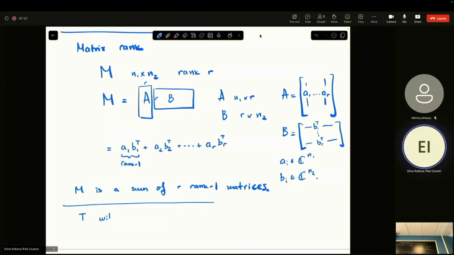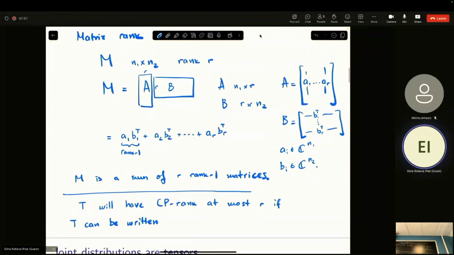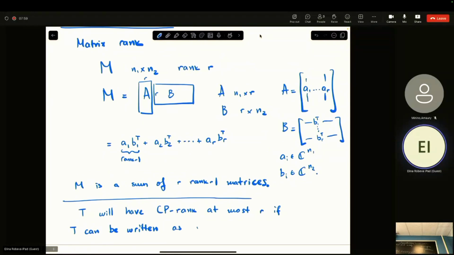All right, and so for tensors, a tensor T will have CP rank at most R if T can be written, and this is kind of high level, I'll define it, I need more pages, as a sum of R rank 1 tensors.